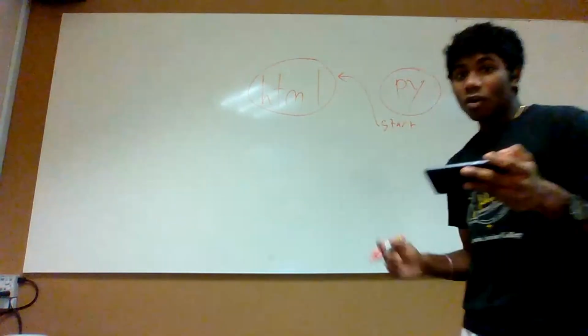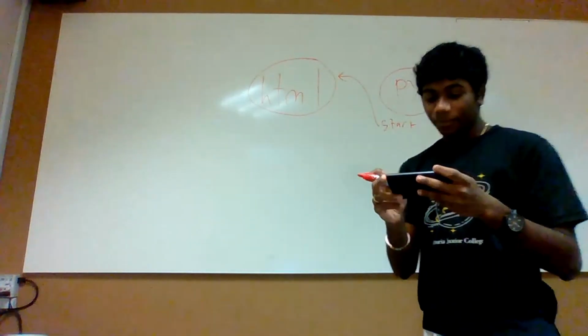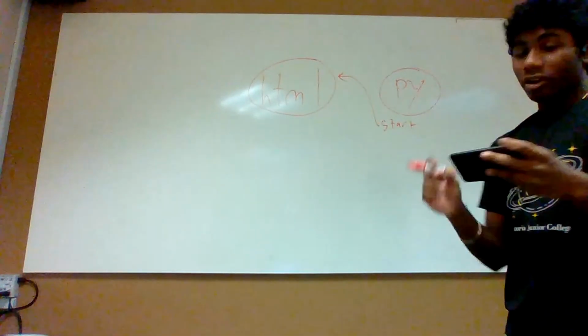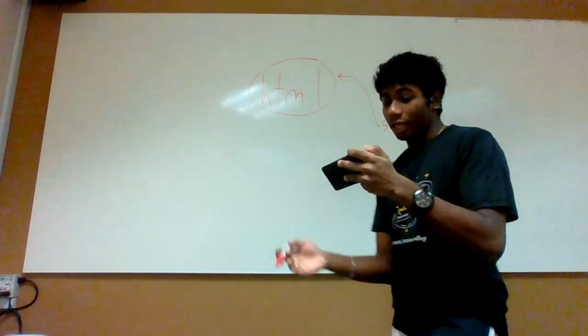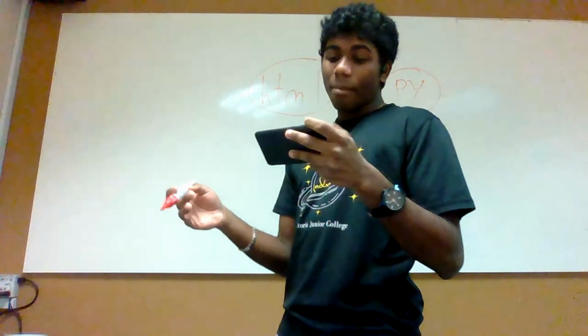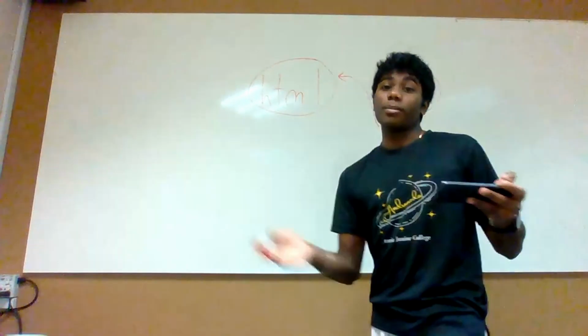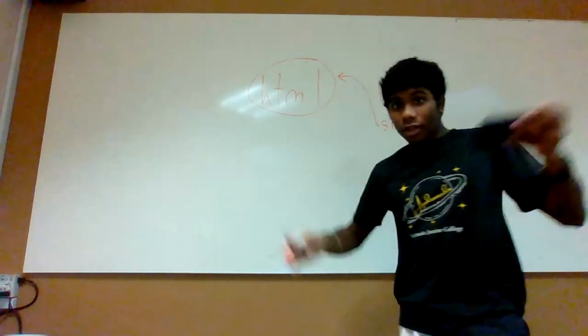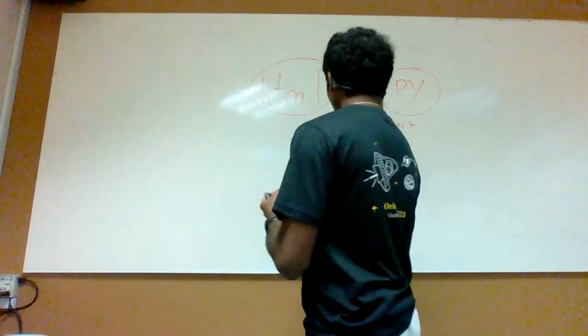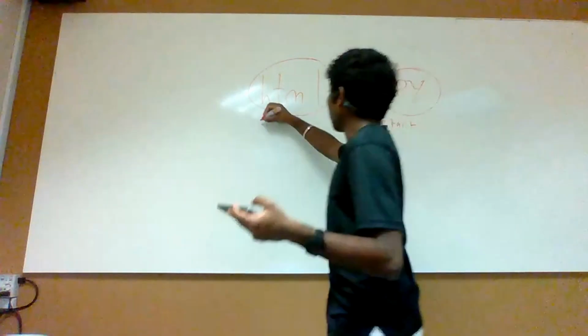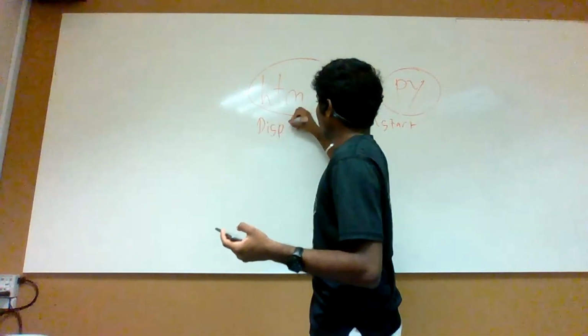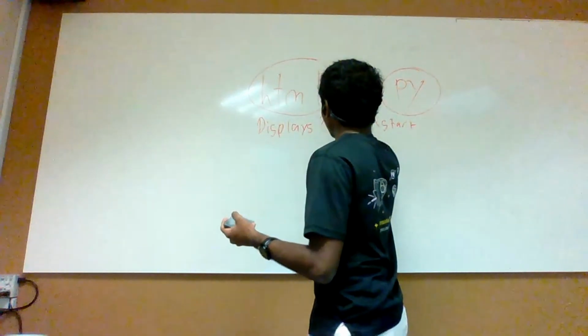Okay, now what ends up happening right after that is your HTML, let's assume we're looking at the web app for the usernames and emails and whatever. Your HTML displays something.